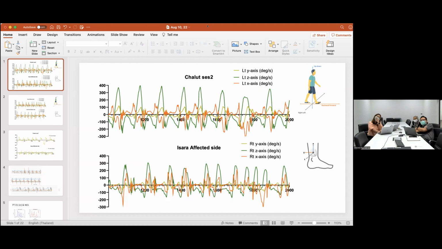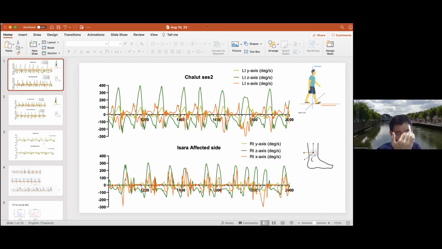Okay. But at least would there always be a positive correlation, right? If the angular velocity is positive, the linear velocity will also be positive, right?